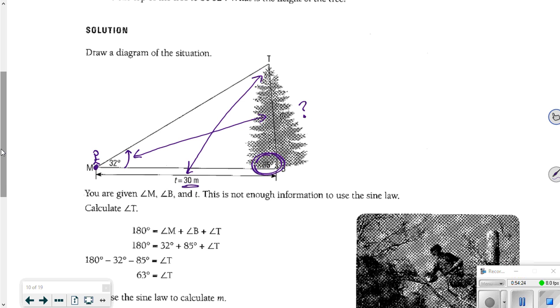Luckily, I know two of the three angles in my triangle, which means this angle is going to be 180 degrees minus the two angles that I know. 180 minus 85 minus 32 is 63. So this up here, 63 degrees, which now means I have a pair where I know the side and the angle, which means I can use the sine law.